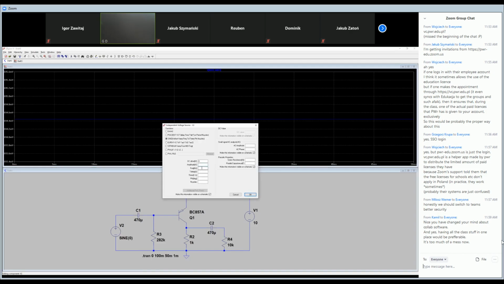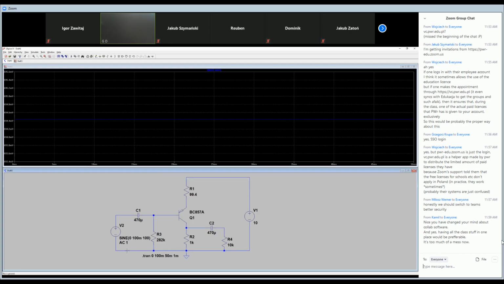The amplitude, okay, let's start with 100 millivolts, and the frequency. As you see, we've got 50 milliseconds on this chart. So 100 hertz is enough. Okay. So we've got it.